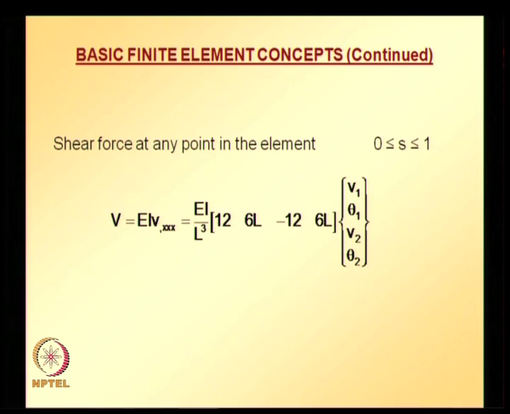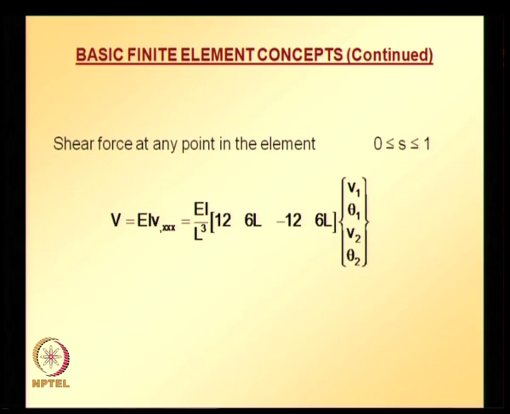From mechanics of deformable bodies we know that the exact solution for a uniform beam subjected to concentrated loading involves constant shear and linear bending moment. So if you have a uniform beam, that is where EI is constant, and it is subjected to concentrated load, we know that shear force is constant and bending moment is linear.